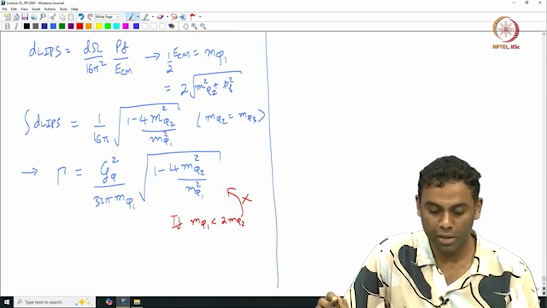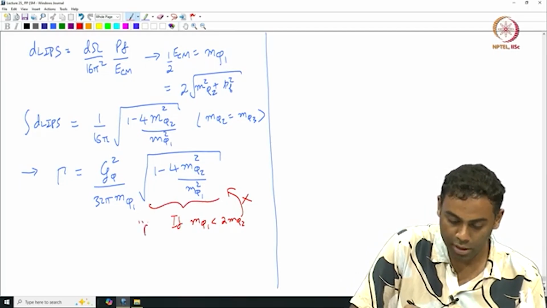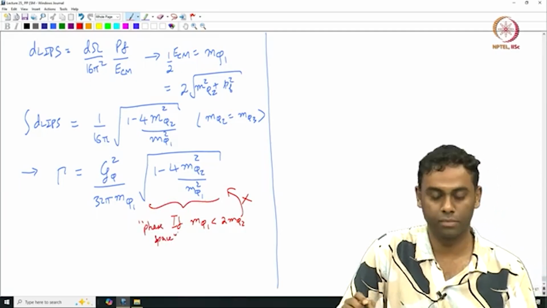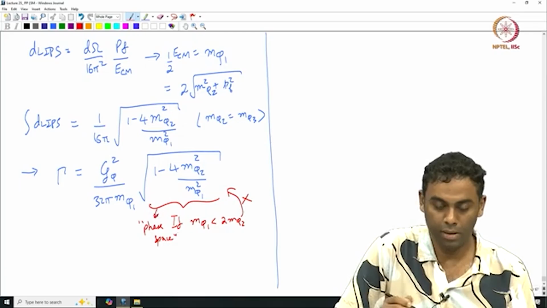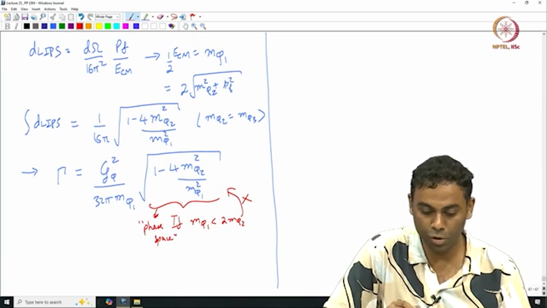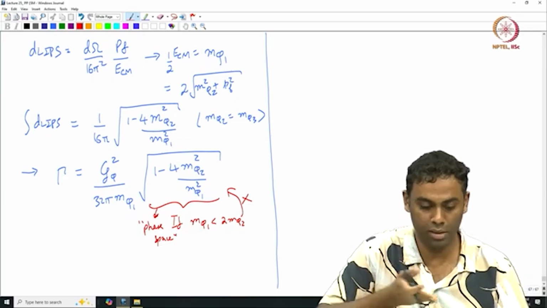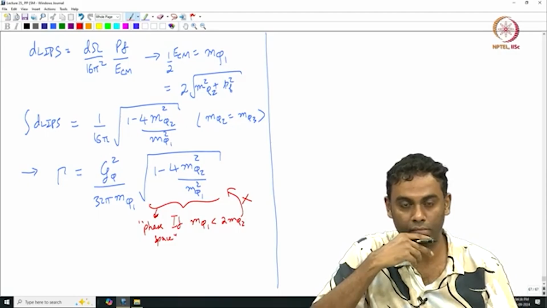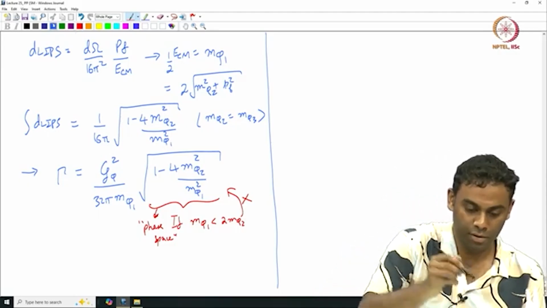So this part is sometimes colloquially called the phase space part, because that is where it comes from. And it shows that if the daughter mass m phi 2 is very close to the mother's mass, then the decay rate is going to be suppressed.